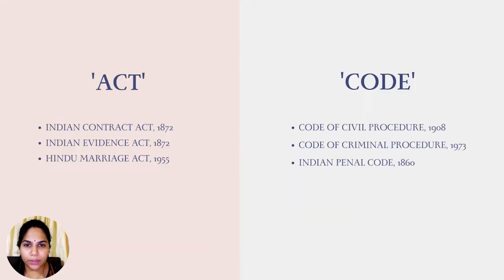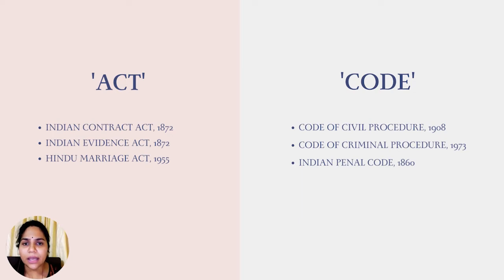So before talking about the internal construction of the Bare Act, let's get one point clear. You must have observed that some statutes end with the term Act, whereas some of them end with the term Code. So is there any difference between them? We have examples of different acts like the Indian Contract Act, Indian Evidence Act, Hindu Marriage Act, and there are a plethora of examples.